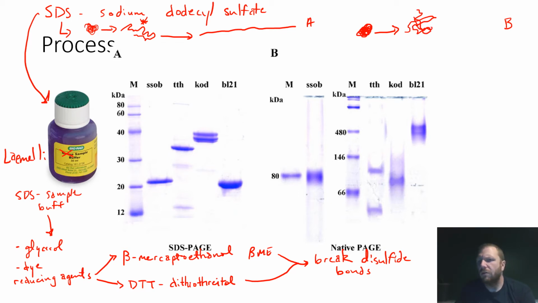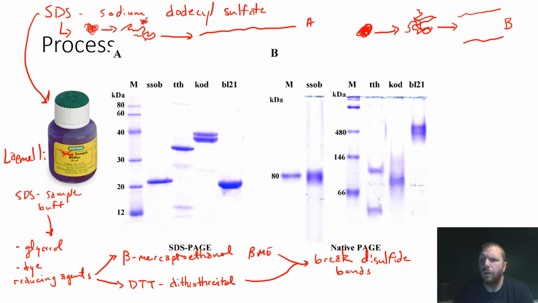So we've got those two things. Now, if we just added SDS, we'd definitely see something that looks different because it's a little bit more linear. It's not that globular, packed-together thing. But then when we add the DTT and BME, lo and behold, we get this.